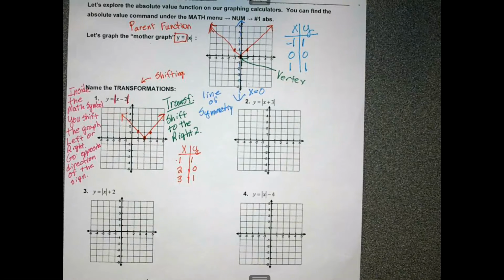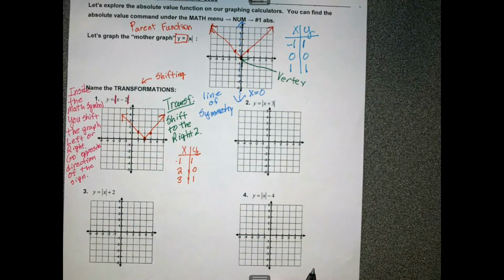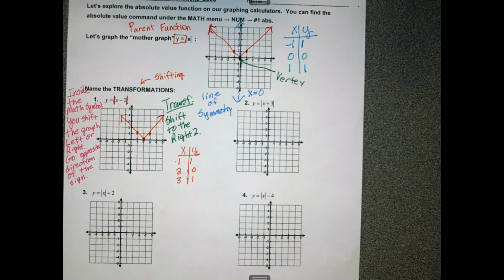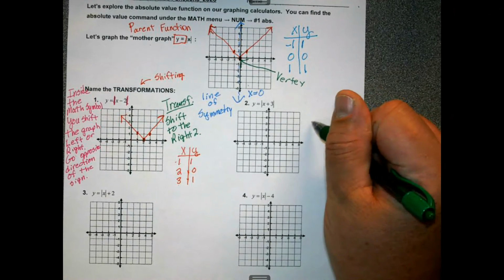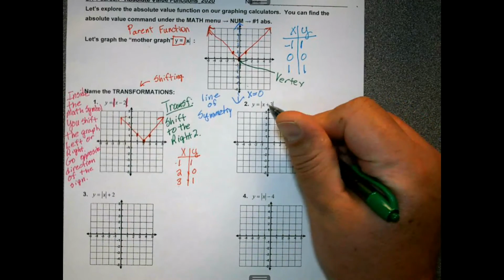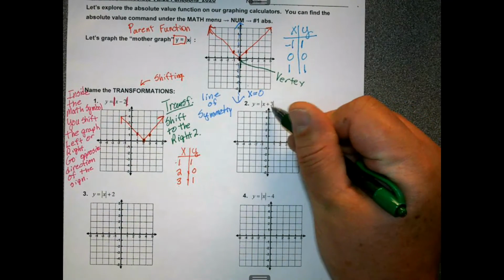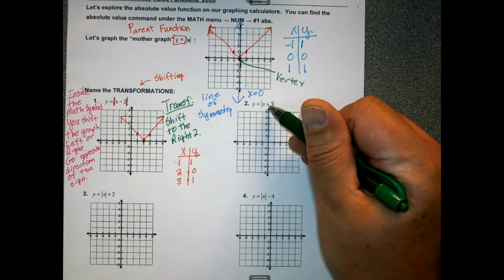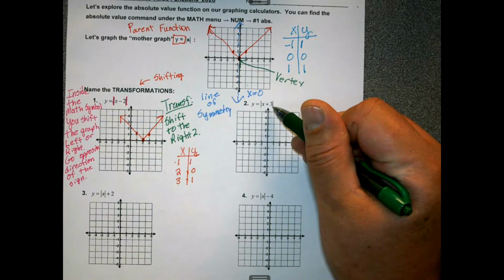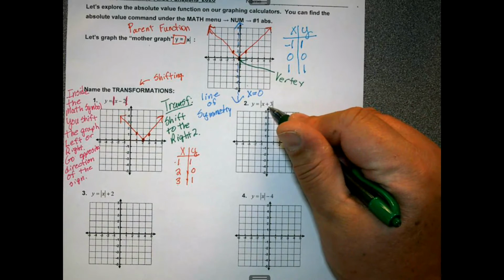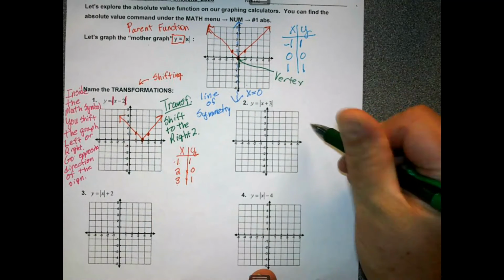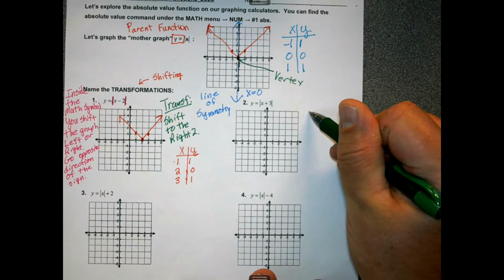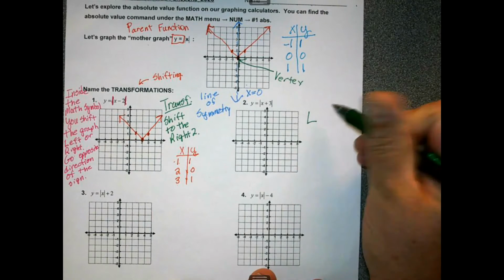So let's do number 2. What's going to be my transformation here? Yeah, left 3. It's inside our mathematical symbol, opposite the sign, and therefore it's going to be a left 3. You can just put down for your transformation left 3.